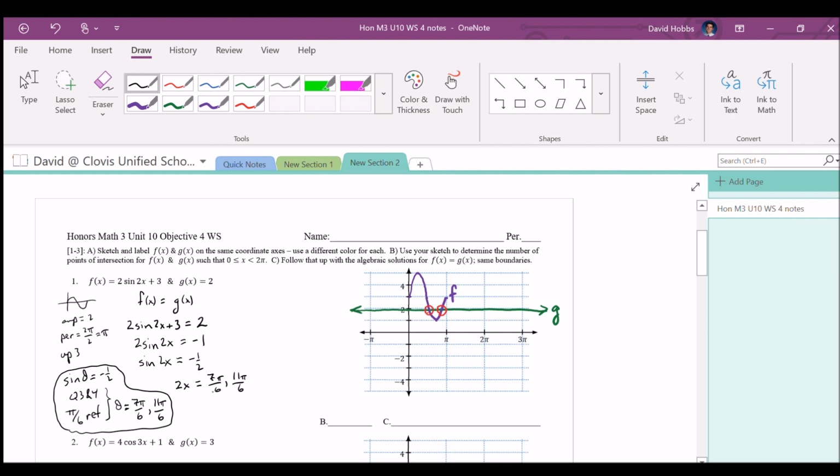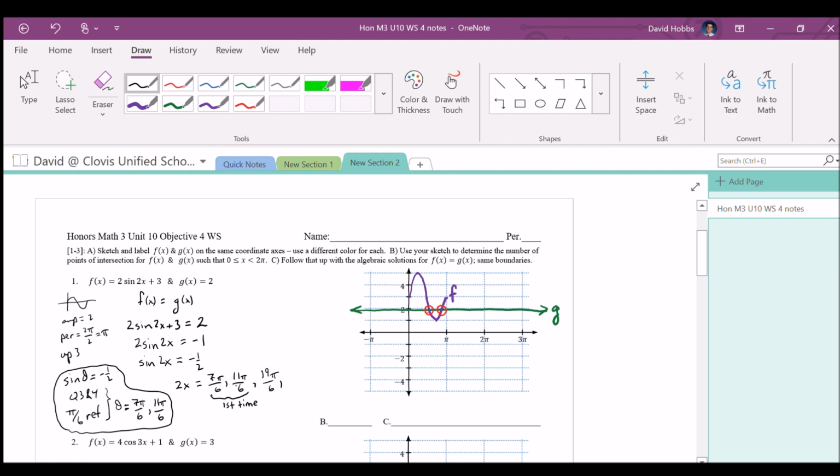Now, what do I mean by that? The 7 pi over 6, 11 pi over 6, this is our first time around. And so the second time around, how do we get a second time around? Well, we just add a rotation to each one of those 2 solutions. So 7 pi over 6 plus a rotation, so plus 2 pi, that would be 19 pi over 6.